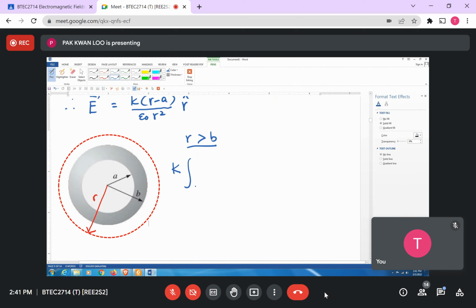Therefore the limits are from A to B of dr, and then 0 to pi of sine theta d theta, and 0 to 2 pi of d phi.